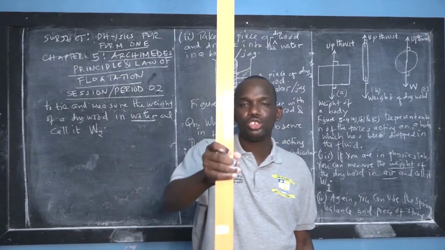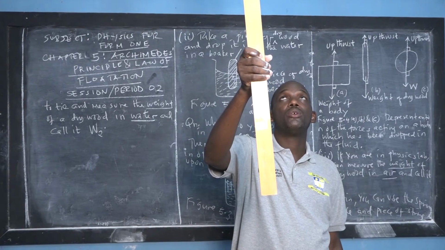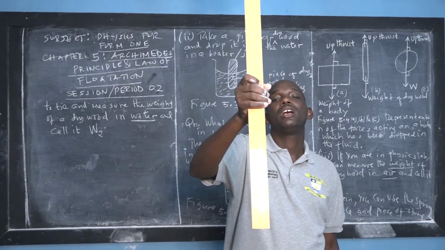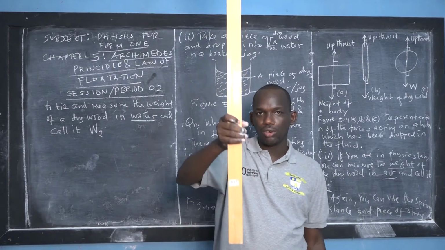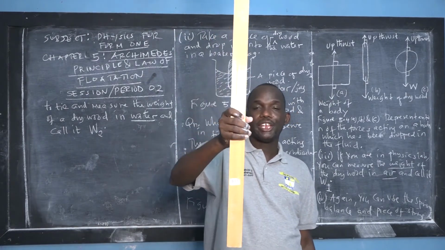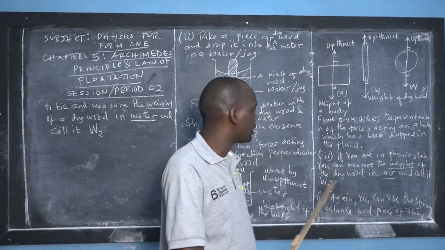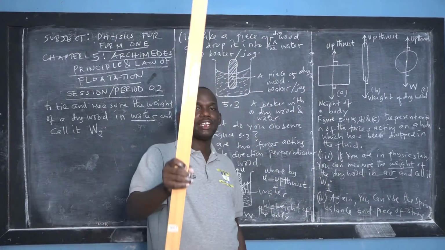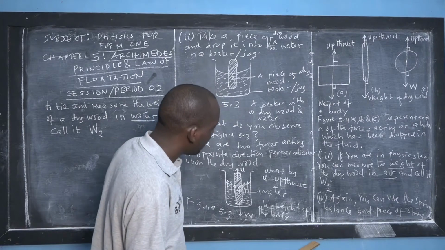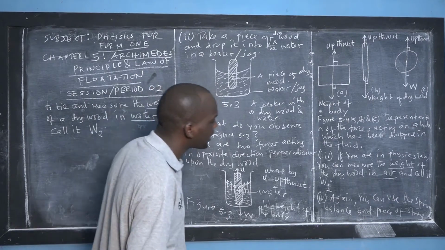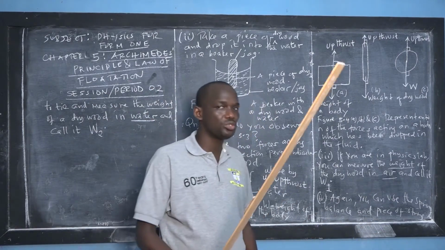Tunaweza tukapima uzito wa, maana kwamba uzito wa hii rula ikiwa bado haijazamishwa katika maji, ndio tunaita weight of a body in air. So here we are using a dry wood, maana kwamba kipande cha mti mkavu. Again, we can use a string, a piece of string. String manake ni uzi.